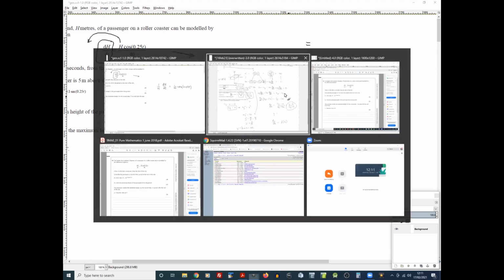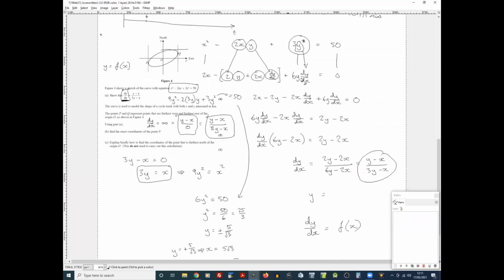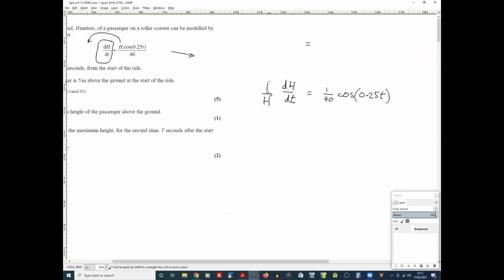Well, a bit like with implicit differentiation, where we were just prepared to have to employ the chain rule, that's what we're going to do here as well. We're going to employ the chain rule here. As long as we employ the chain rule, because h is an inner function of t, further inside there you've got t, then we can differentiate with respect to t on both sides, can't we?